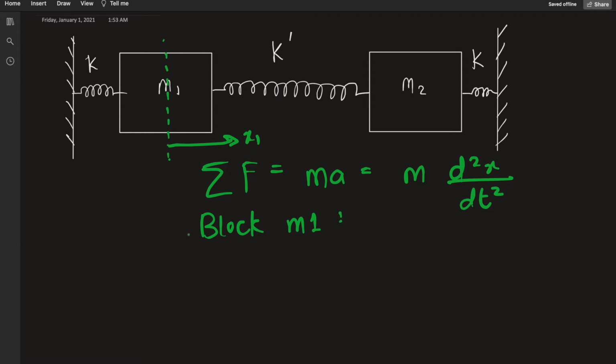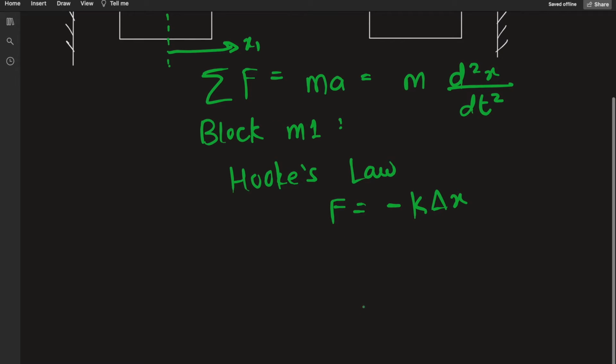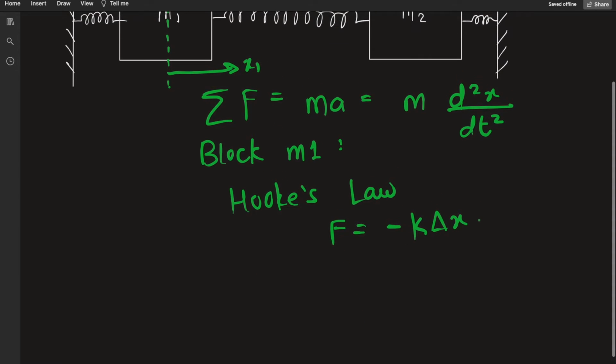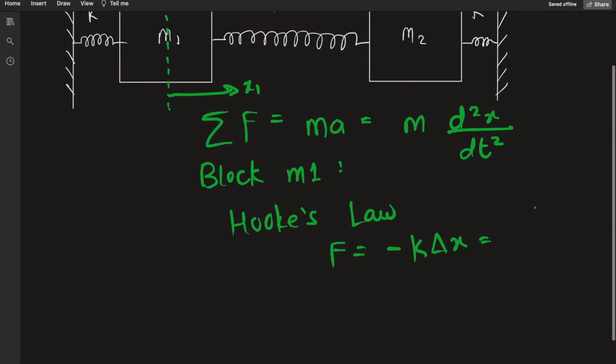Well, at that point, when that displacement happens, the net force acting on mass m1 is the restoring force by the spring, and restoring forces by springs are given by Hooke's law: negative the spring constant, whatever that may be, times the displacement. So in our case, this is the total external force, and then that will equal mass times the second derivative of displacement, which we denote as x double dot.